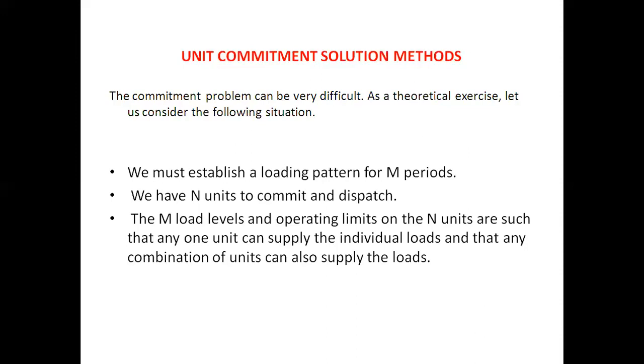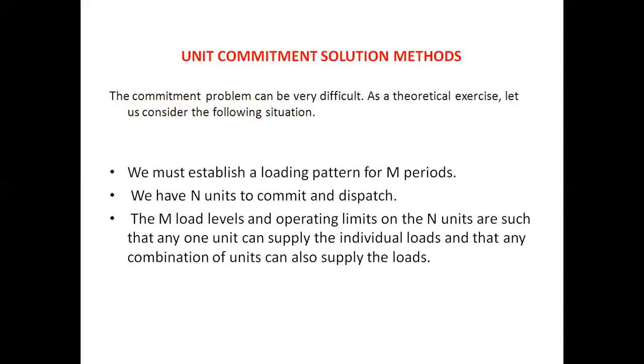are such that one unit can supply the individual loads, and any combination of the units can also supply the loads. So the demand is for the M load levels, and when N units are there, one unit can supply the individual load or any combination of the units can also supply the loads.